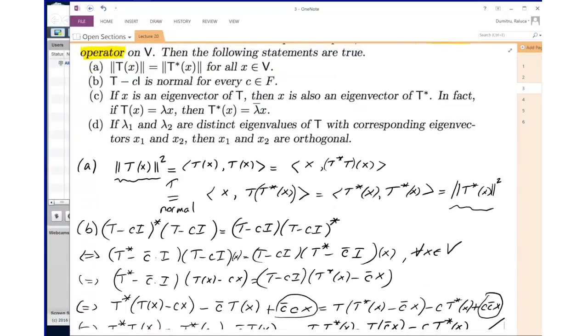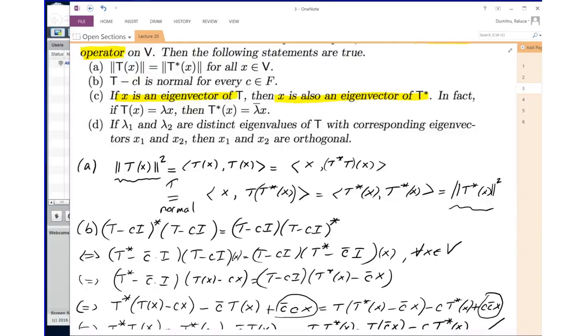So let me remind you what we proved at the very beginning, that lemma. It was saying that if T has an eigenvector, then T adjoint has an eigenvector. We said that it doesn't have to be the same eigenvector, but the eigenvalues have that property that they turn lambda into lambda bar. Now, if T was normal, which it is here, an eigenvector x of T is also an eigenvector of T star. Okay, so more than that lemma holds.